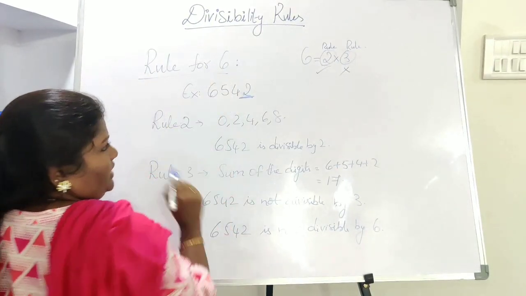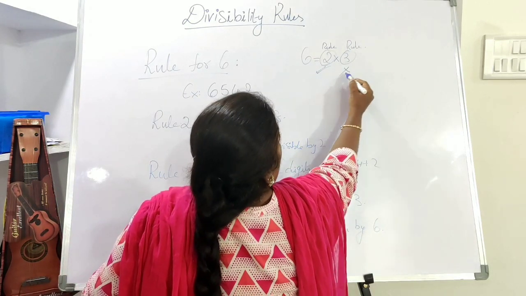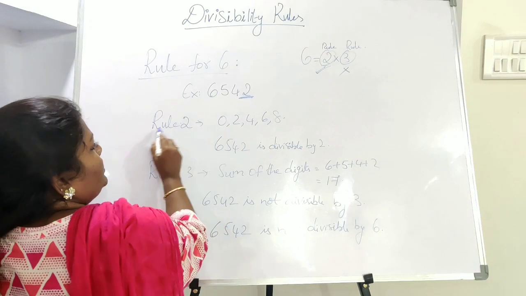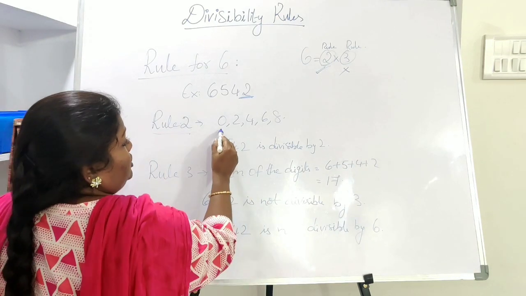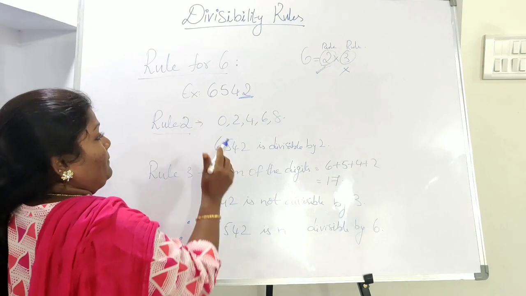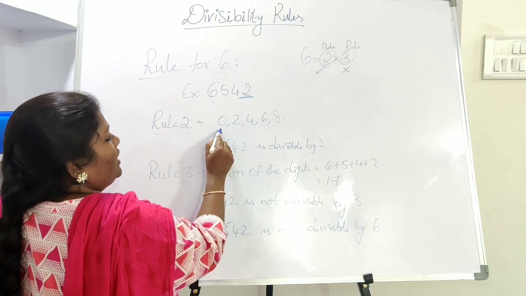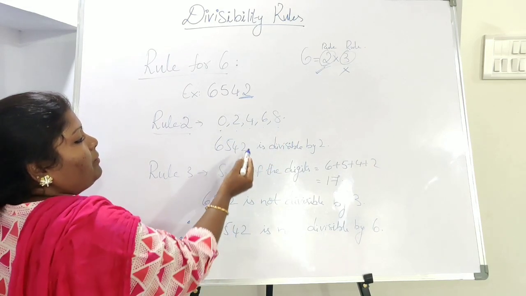Yes, let me repeat once again. The rule for 6 is you have to check the rule of 2 and the rule of 3. Now I checked with the rule of 2. If it is divisible by 2, it should have either 0, 2, 4, 6, 8 in units place.